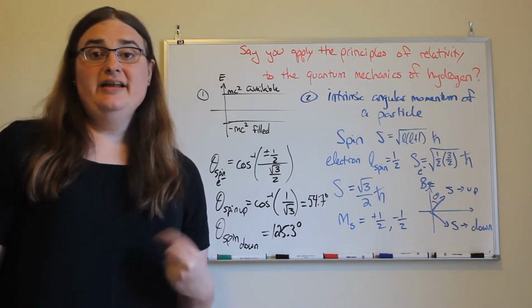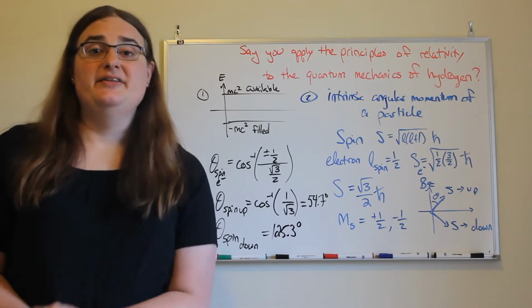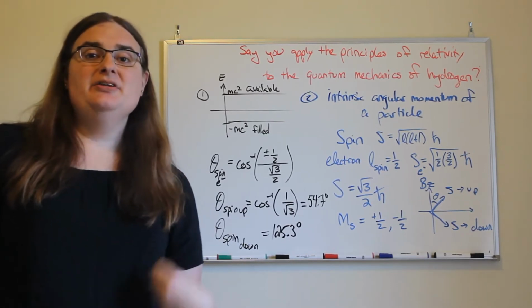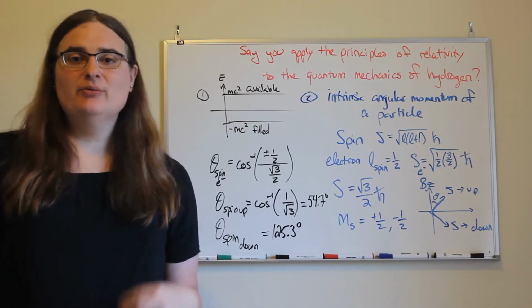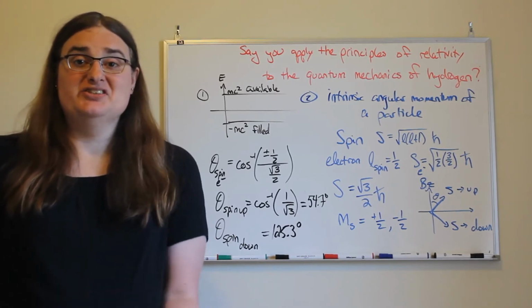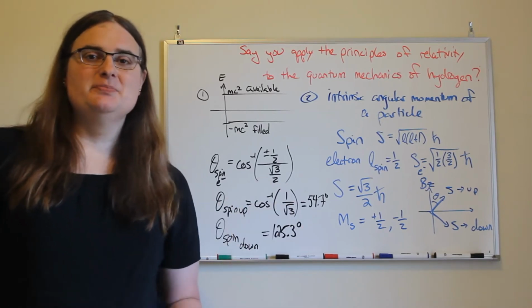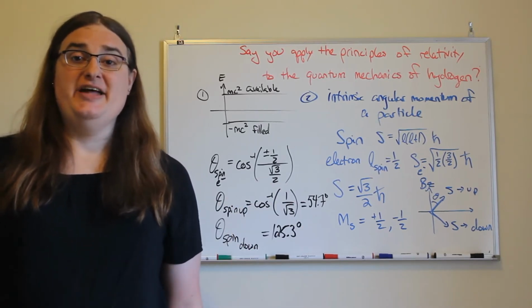I want to talk not about how to apply the relativistic principles of quantum mechanics to the hydrogen atom, but two of the big results that we will talk about at this level of applying relativistic principles to the quantum mechanics of a hydrogen atom.